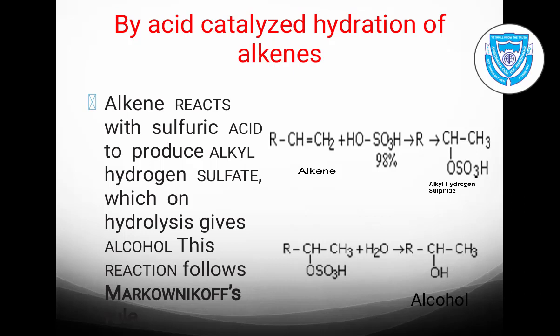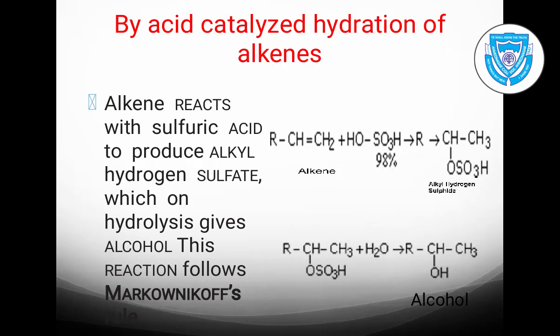According to Markovnikov's rule, this OSO3H will go and attach to the carbon having less number of hydrogens and will give you alkyl hydrogen sulfate. This alkyl hydrogen sulfate, when further hydrolyzed, will give you alcohol as the product. So by hydration of alkenes, following Markovnikov's rule, you can get alcohol as the product.